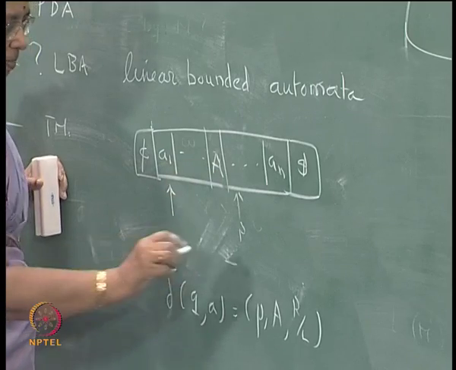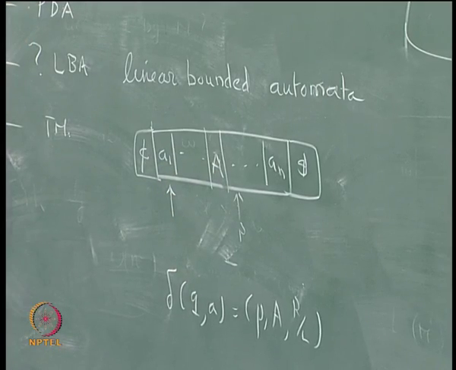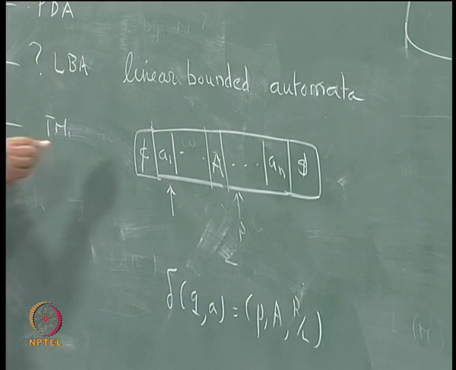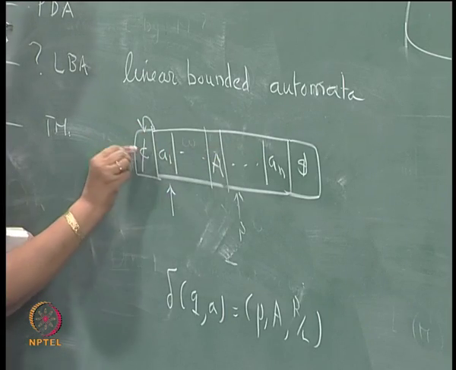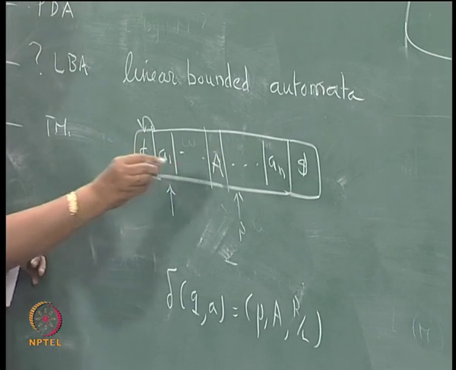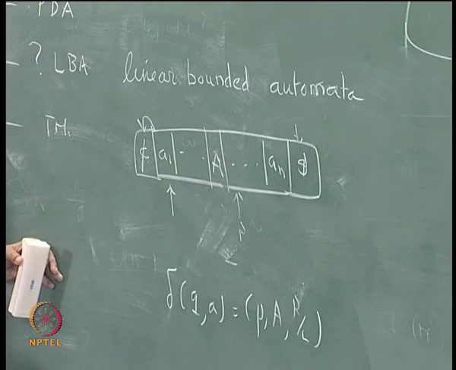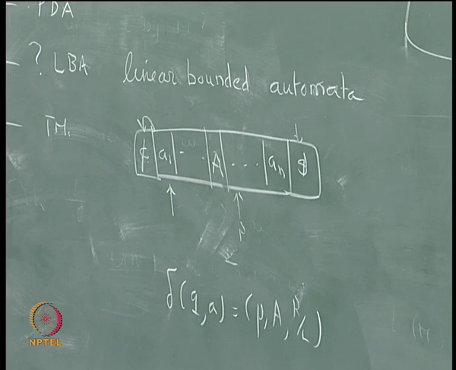The mapping is exactly similar to a Turing machine, but it has to move within this. If it tries to reach the end cell, the machine stops. If it reaches the end markers, the machine halts.